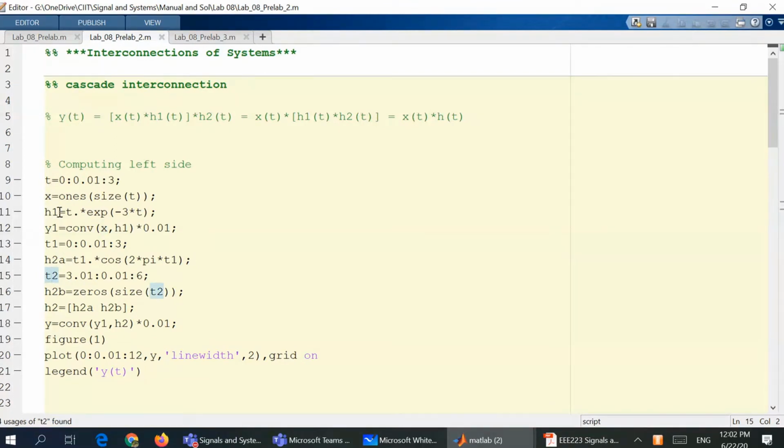So we will define x, we will define h1, we will convolve them, and after that we will define h2, and आपको पता है कि h2 के लिए what we have to do is h2 का जो time period है वो from 0 to 3 था, इसको हमें double करना होगा, because now we have to convolve it with the answer of this convolution. So we have done this here, और इसके बाद हमने क्या किया है कि convolve कर दिया इन दोनों को. So now we will get the left side.